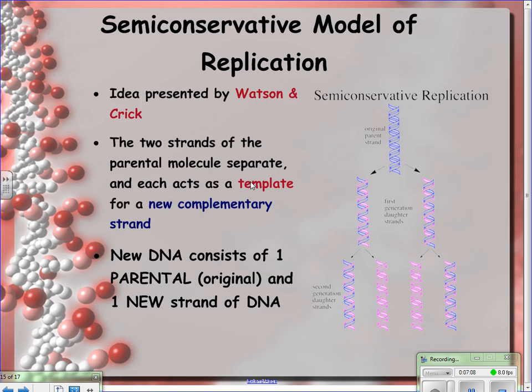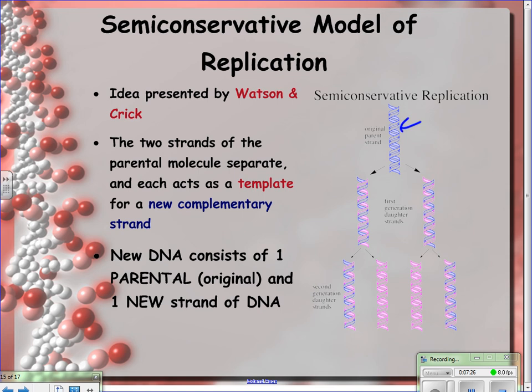Now let's look at the semi-conservative model of DNA replication. This model was proposed by Watson and Crick. And what it suggests is that the two strands of parental DNA act as a template for the complementary strands.